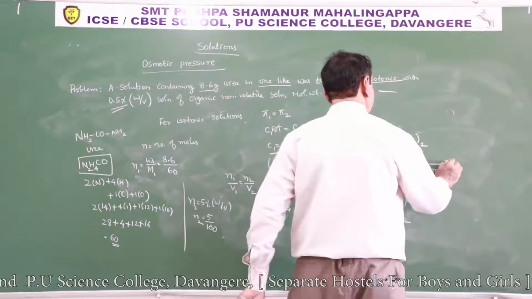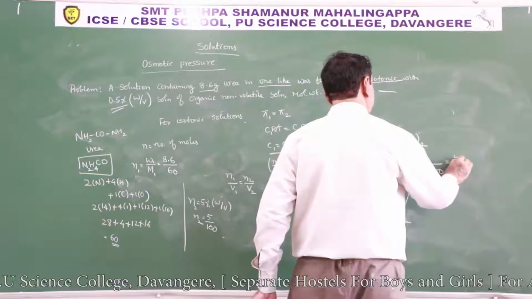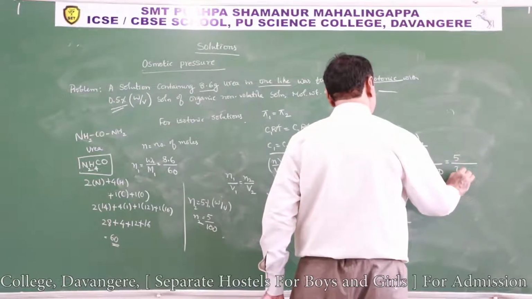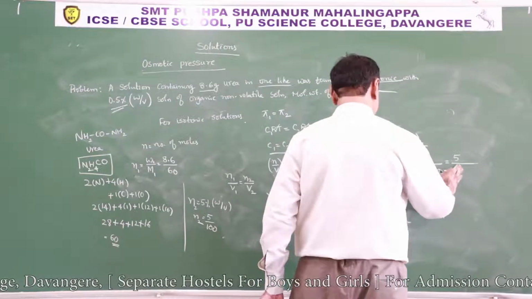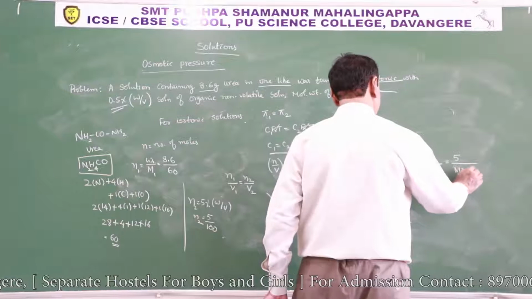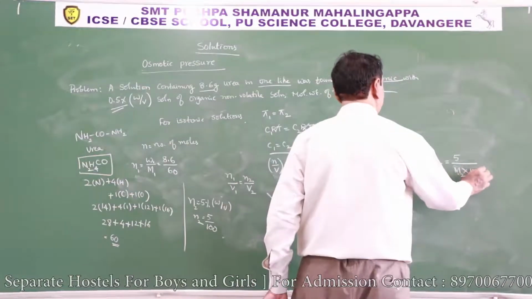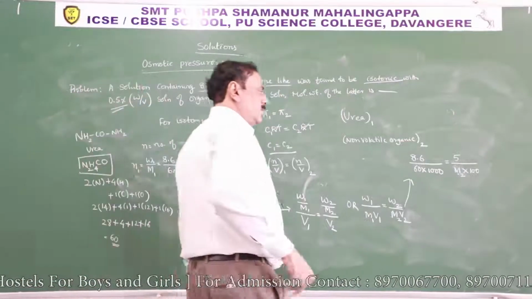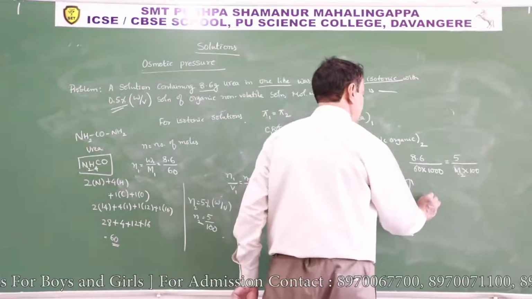That is equal to 0.5 divided by M2, keep M2 as such, into V2 is equal to 100. Now you have to calculate this M2 value.